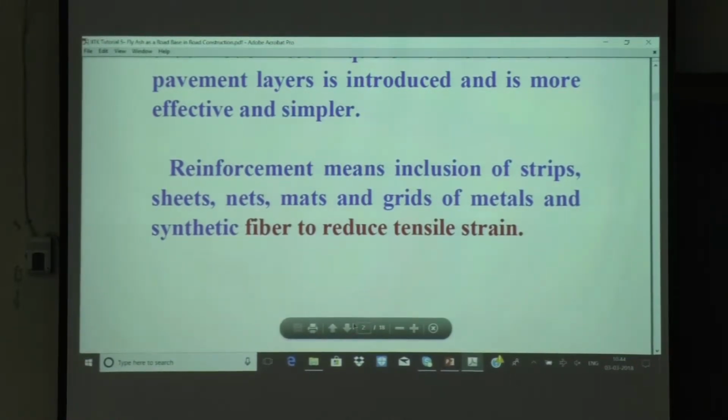And it's not always easy to cure the cracks, because then you have to actually close the road down. So if you can reduce the tensile strain, then the road surface or the layers below will not crack quickly.